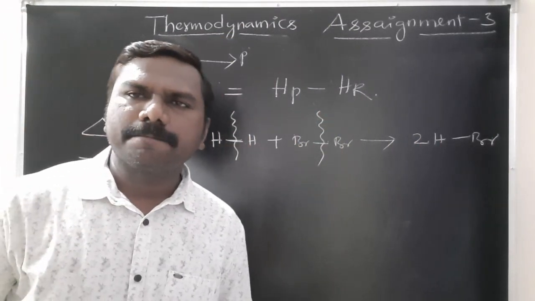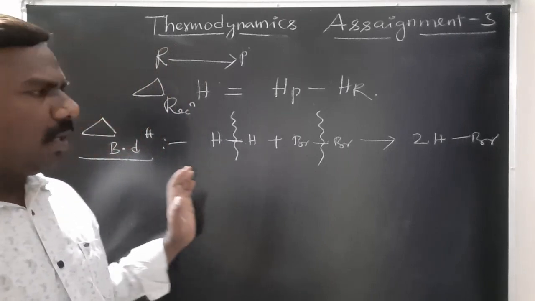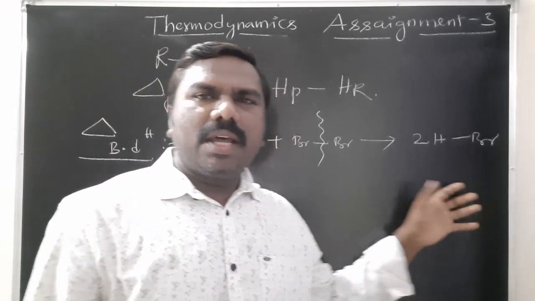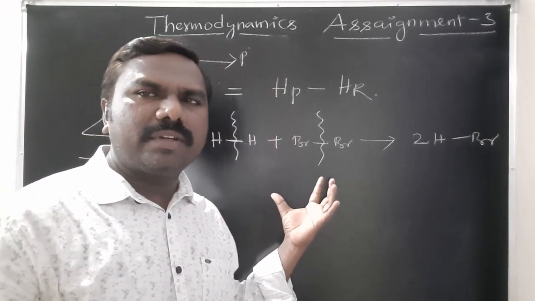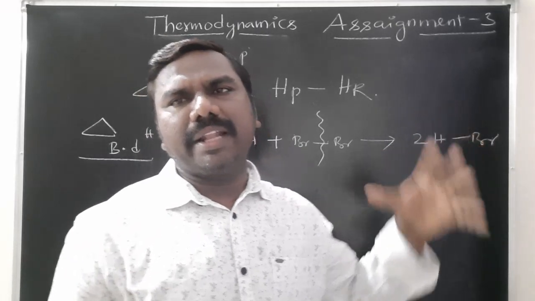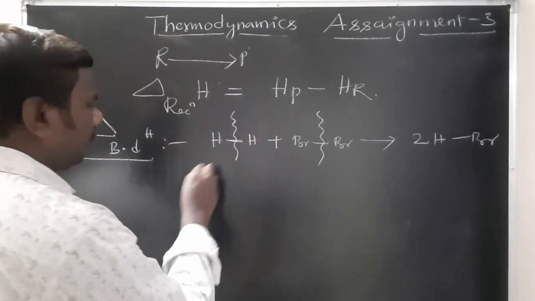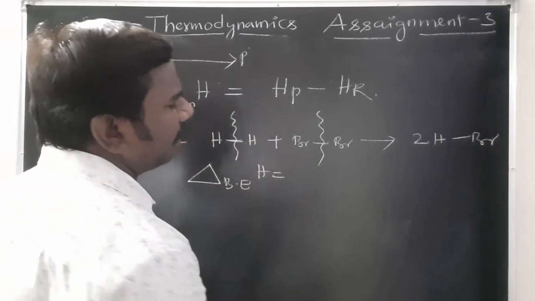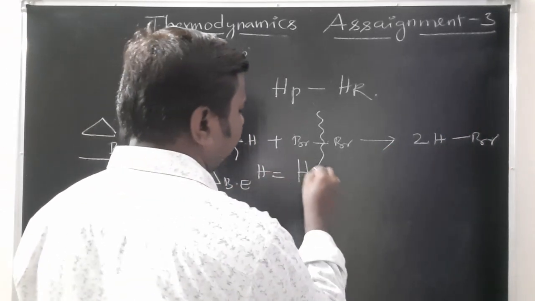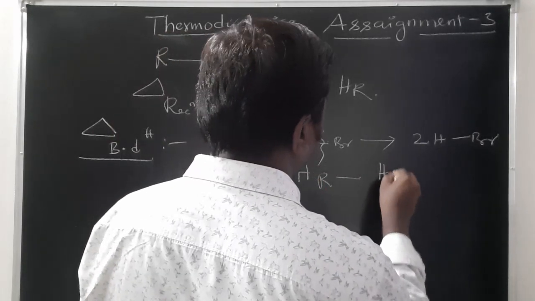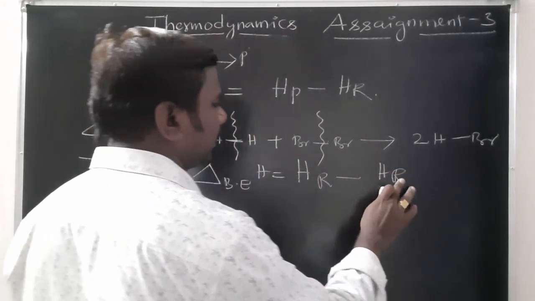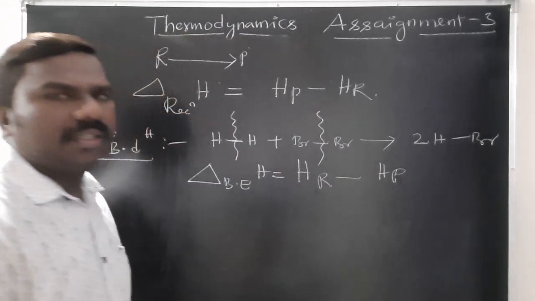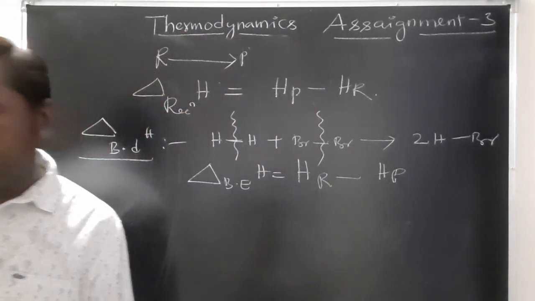Now, the enthalpy of bond dissociation formula is the enthalpies of reactants minus the enthalpies of products. Reactants minus products. It's a reverse formula, very, very important.